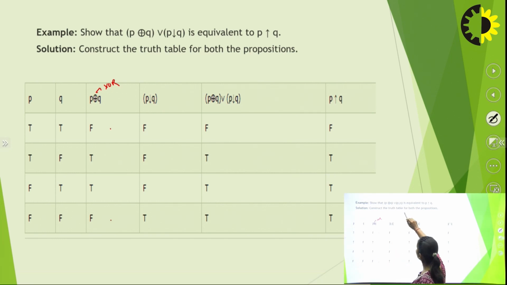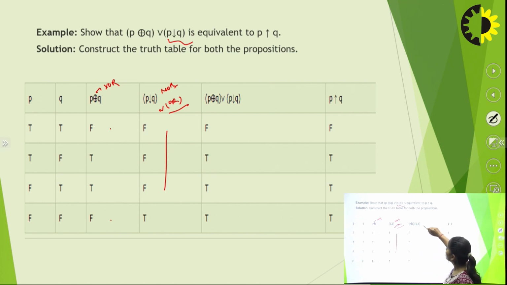After that we are doing this operation, that is your NOR operation, right? So NOR operation is basically OR and NOT, right? The starting three values of OR are true, but NOT of OR makes these all become false, right? Now we are doing ORing of these two outputs.